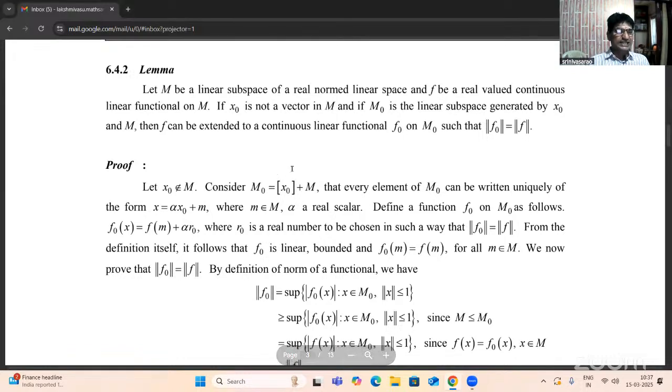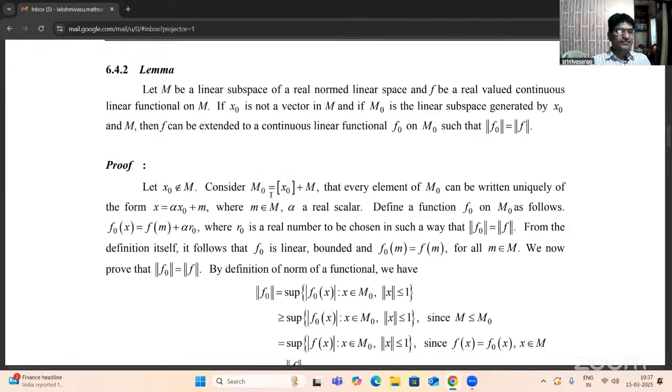Generated means the spanned element, the spanned vector. Here M naught equals the span of x naught. Span means simply generated by a vector. Here capital M naught equals x naught plus capital M.